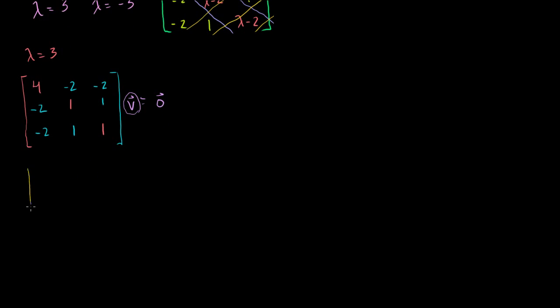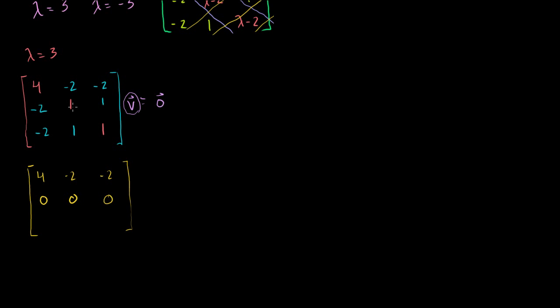I'll keep my first row the same for now: 4, minus 2, minus 2. And let me replace my second row with my second row times 2 plus my first row. So minus 2 times 2 plus 4 is 0. 1 times 2 plus minus 2 is 0. 1 times 2 plus minus 2 is 0.